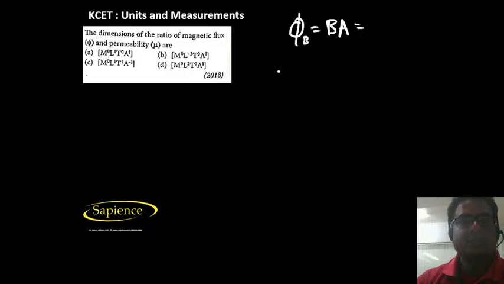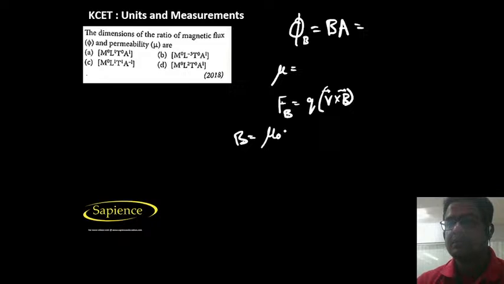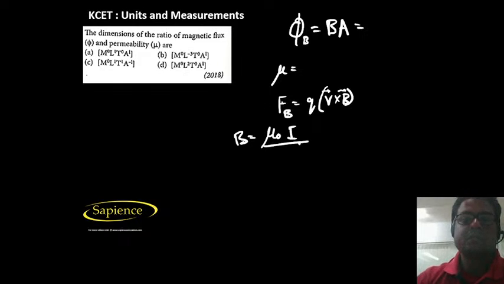Then permeability mu. We know that force equals q v cross B, which is called the magnetic force, and the field B is equal to mu naught I by 2 pi r.